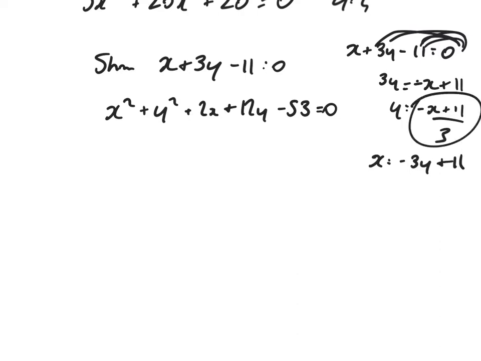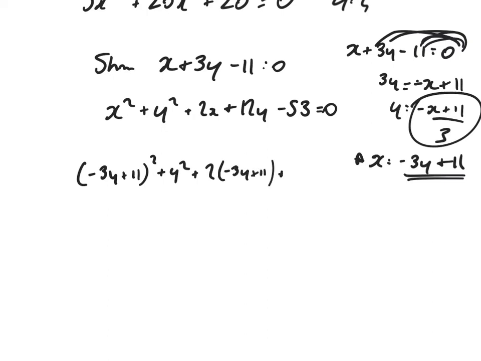So making a substitution of this is a bit trickier than making a substitution of that. So let's sub in, where we see x, replace it with minus 3y plus 11. So that's (minus 3y plus 11) all squared plus y squared plus 2 lots of (minus 3y plus 11) plus 12y minus 53 is equal to 0.